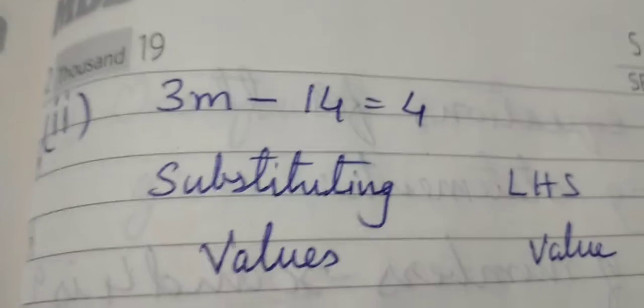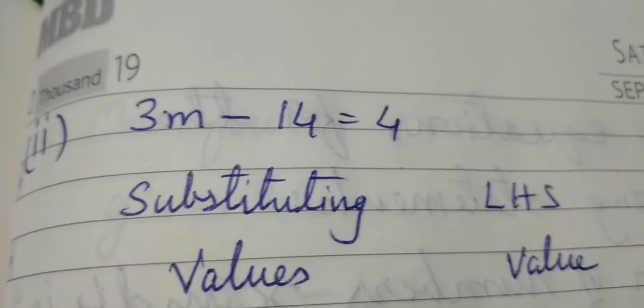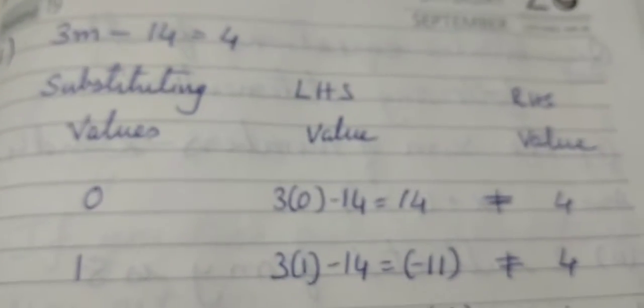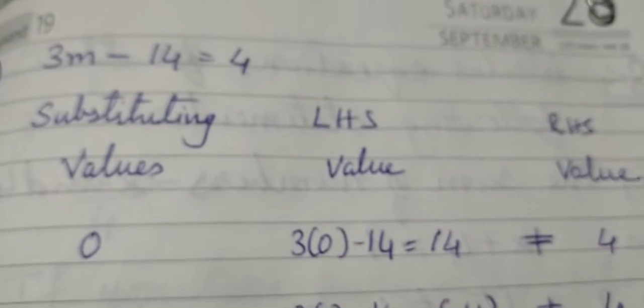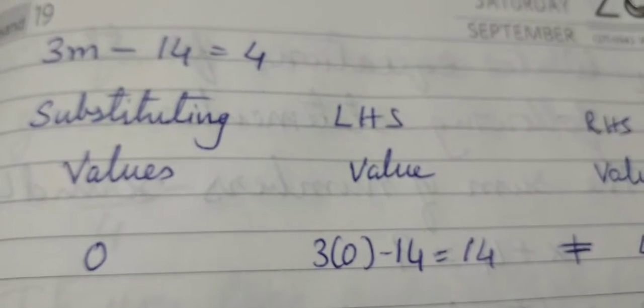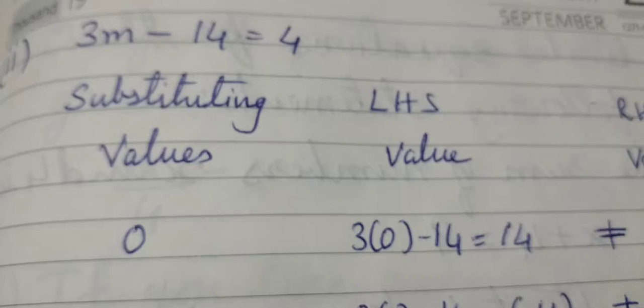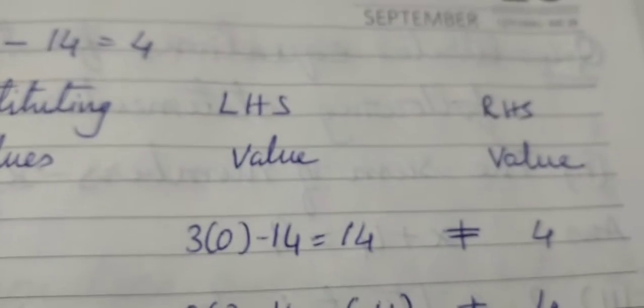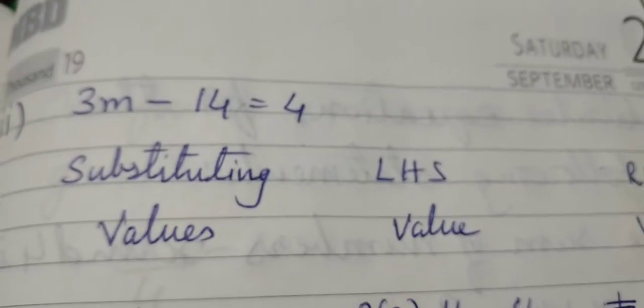Similarly, we will solve the second equation. Here you can see 3m minus 14 is equal to 4. Same as we did in the first sum: substituting values, LHS value, RHS value. Substituting means the values which you are going to put in place of the given variable.